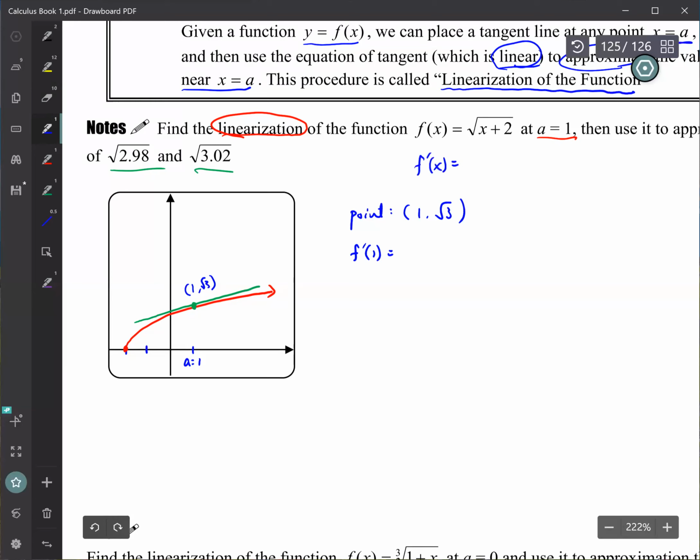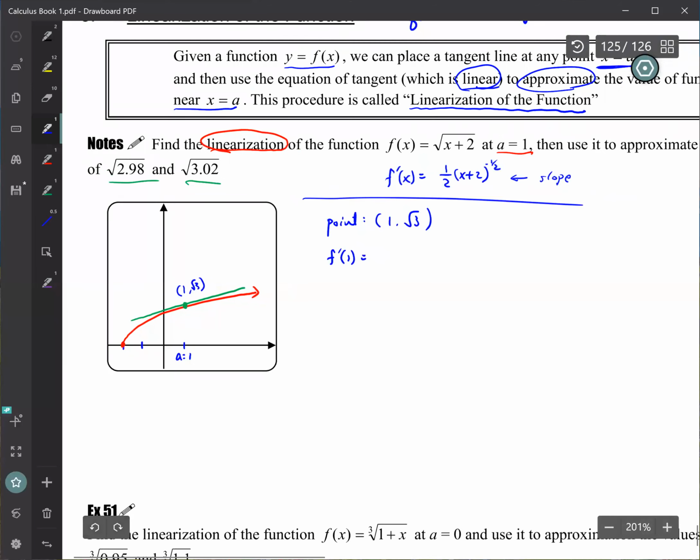So what's the prime of our function? It's 1 over 2 x root x plus 2 to the negative 1 over 2. Right, so this represents the slope at any x, right? Remember, I keep asking you guys to repeat, when we first learned it.